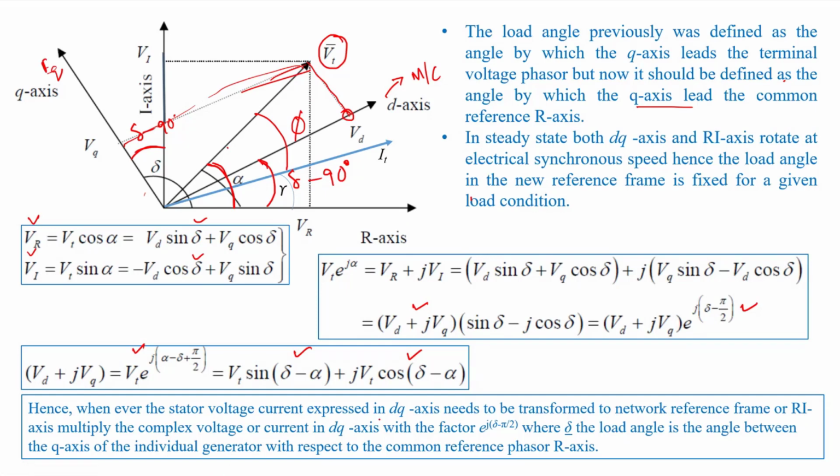Hence, whenever the stator voltage or current expressed in the dq axis needs to be transformed to the network frame of reference, that is the RI axis, we need to multiply the complex voltage or current in the dq axis by the factor e to the power j of delta minus pi by 2, where delta is the load angle, the angle between the q axis of the individual generator and the common reference frame.